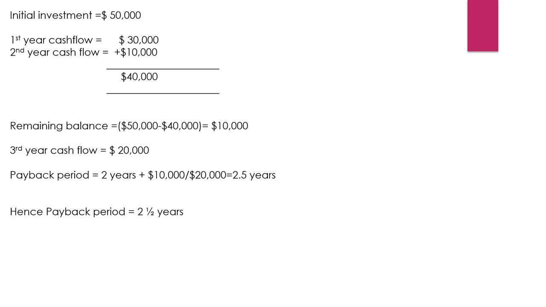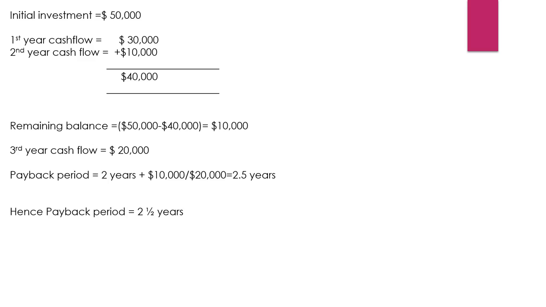So we divide these two. 2 plus $10,000 divided by $20,000 gives 2.5 years. The payback period will be 2.5 years. So it will take us 2.5 years to recover $50,000, which was our starting capital.